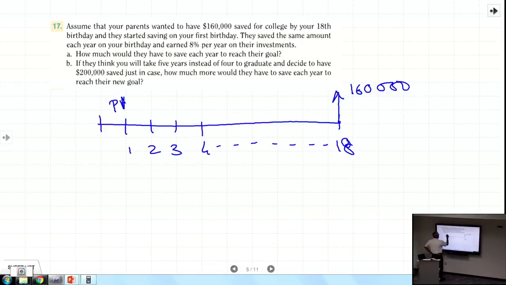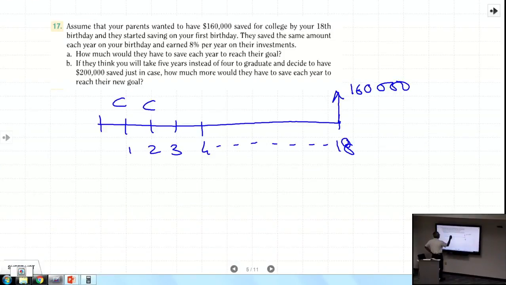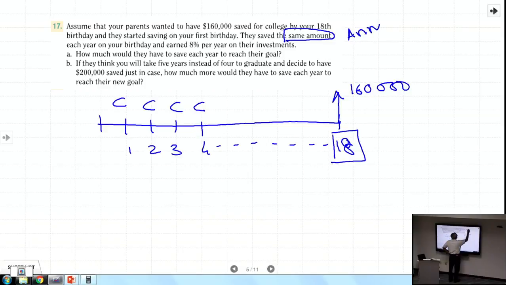So, the unknown that we have are these cash flows. But we know they have to be saving, the problem said they're saving the same amount, and their savings will end at a certain period of time. So those two give me a clue that this is an annuity.